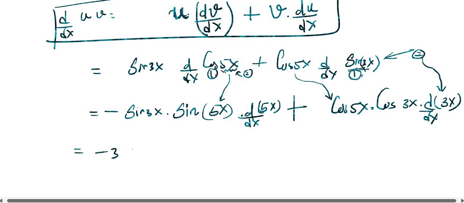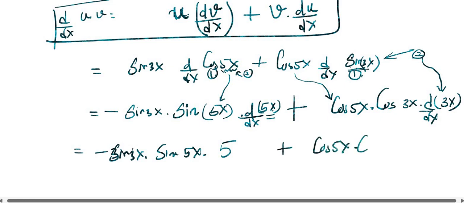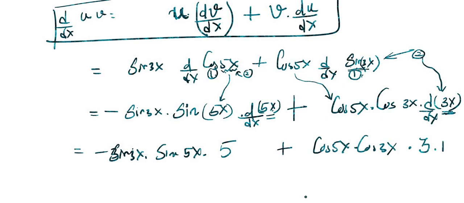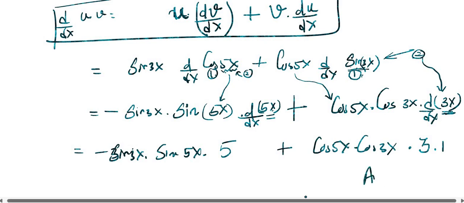So this will be minus sine of 3x, sine of 5x, and what is the derivative of this? 5 as it is, because x derivative is 1, plus cos 5x into cos 3x. What is derivative of 3x? It will be 3 as it is, because x derivative is 1. So this is my answer.